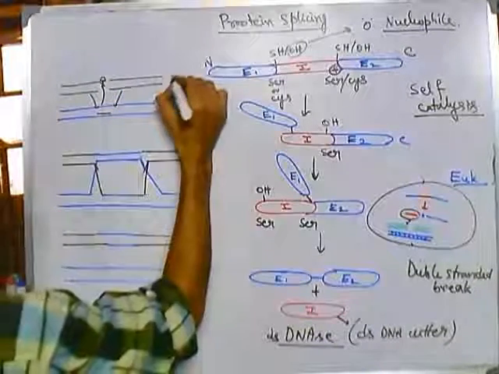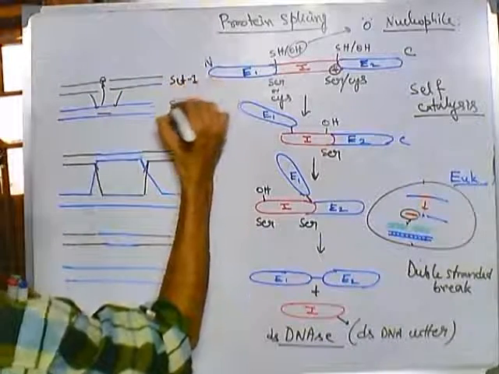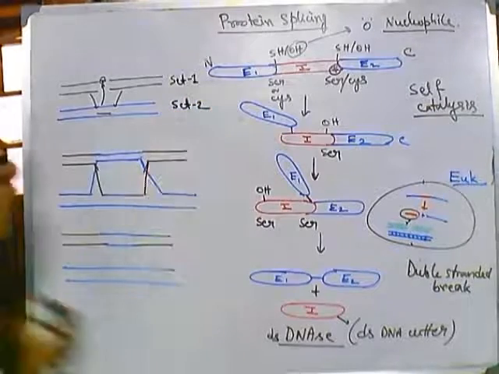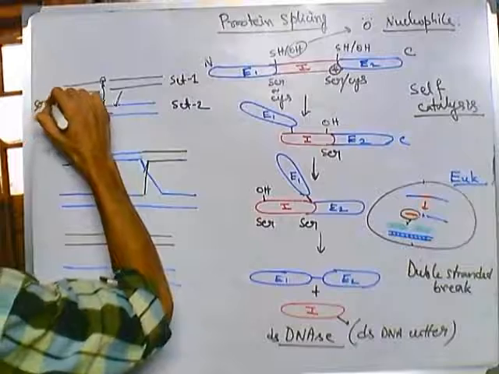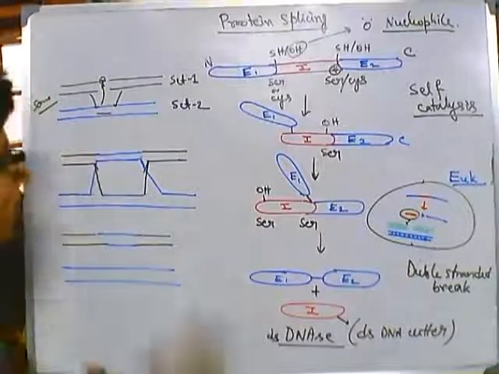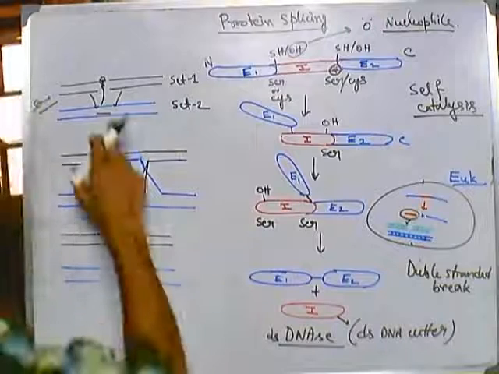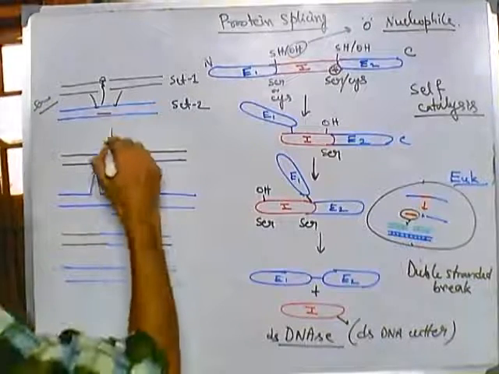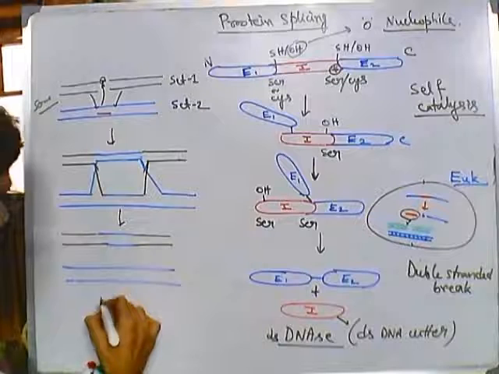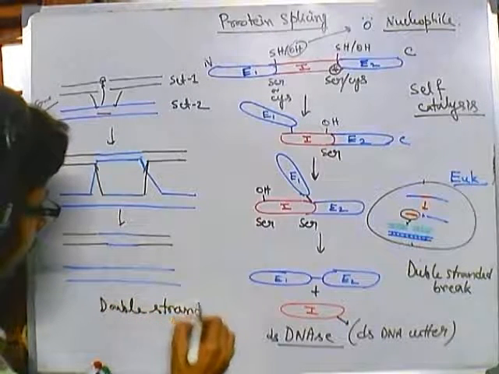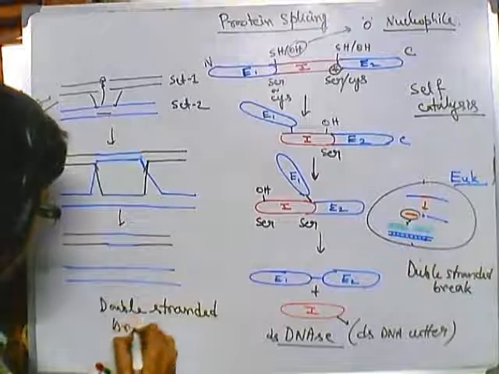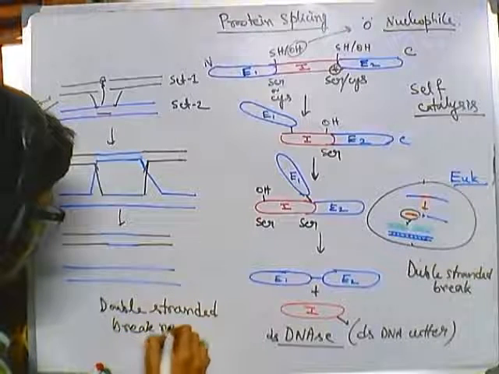So this is from set 1, and this is from set 2. Okay, they are the same DNA, from two different sets, one from father, one from mother. So we have two sets of every gene, every DNA. So what will happen? They go through what is called double-stranded break repair.